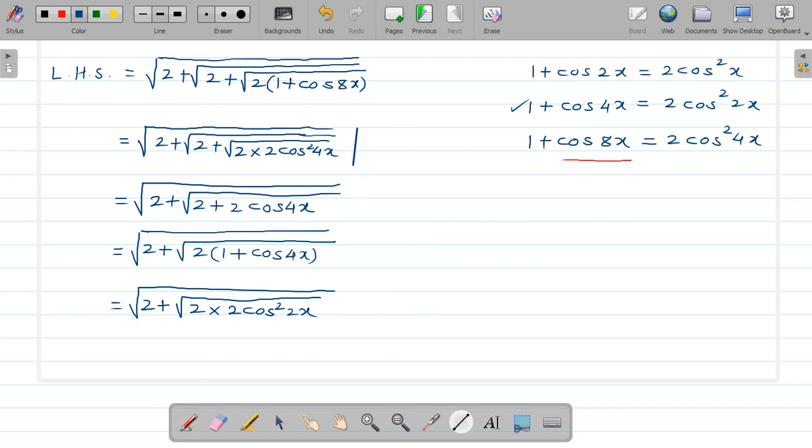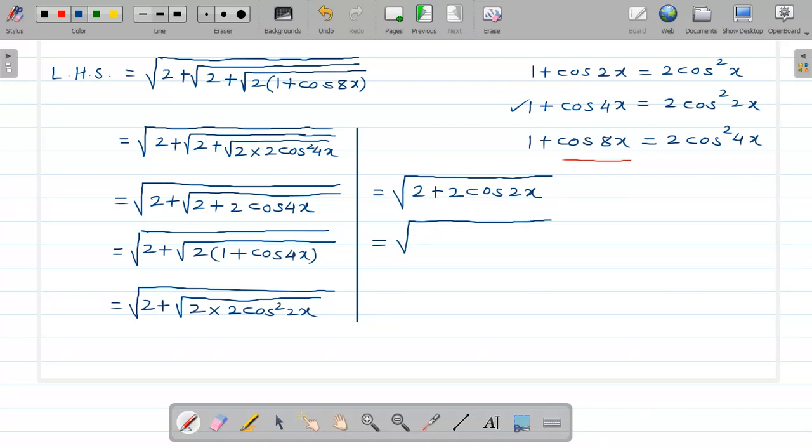In the next step that root can be removed: I write this one as it is plus, now under this root there is 4 times cos square 2x, and removing the root sign I write this term as 2 times cos 2x. That root also gets cancelled, and for the remaining root, if I take 2 common, I get in bracket 1 plus cos 2x.